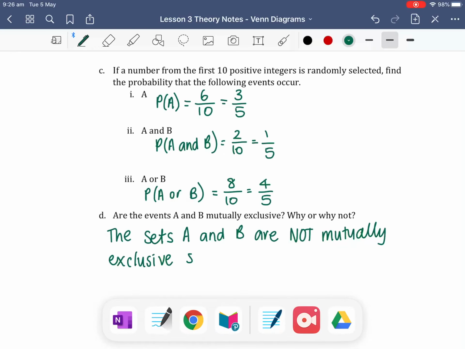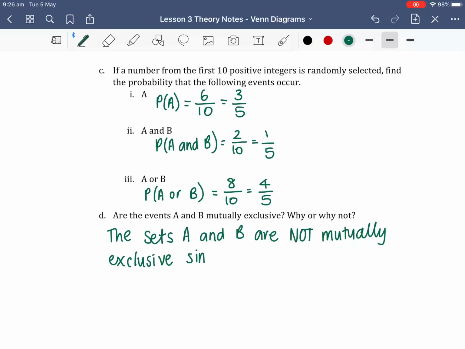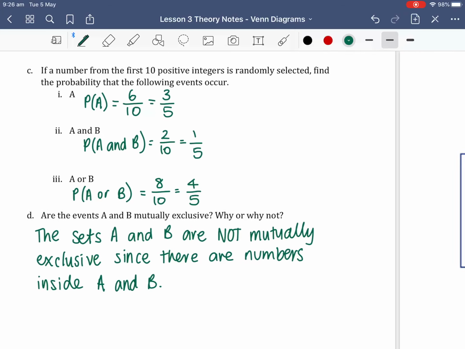So we go since there are numbers inside A and B. So because there's those numbers inside both of them, that's why it's not mutually exclusive.